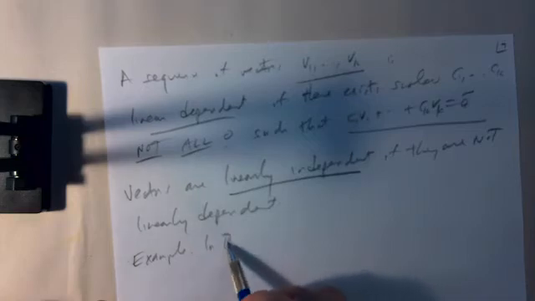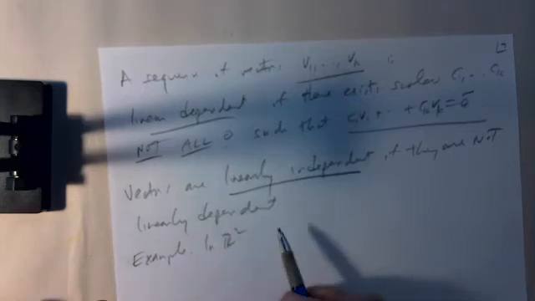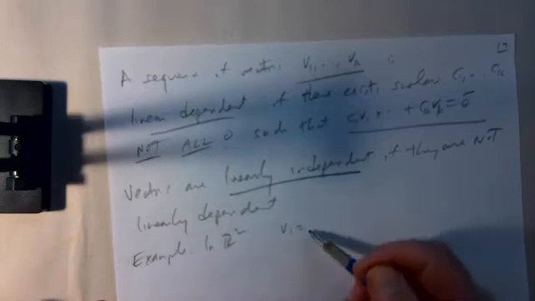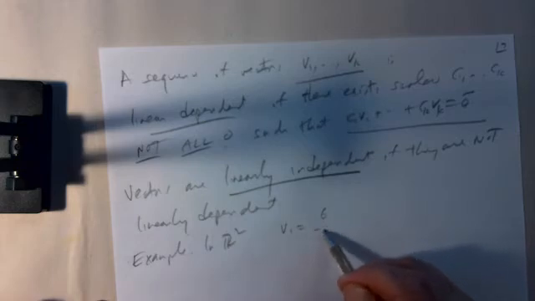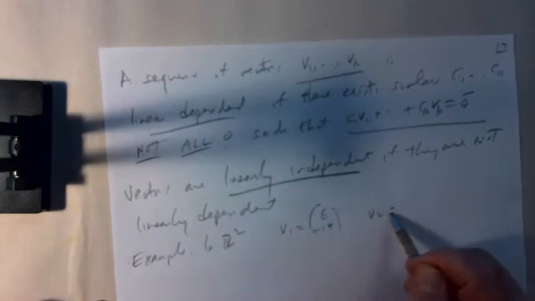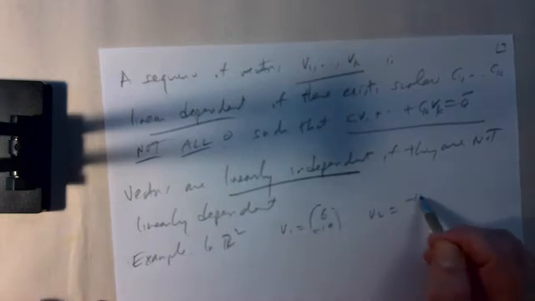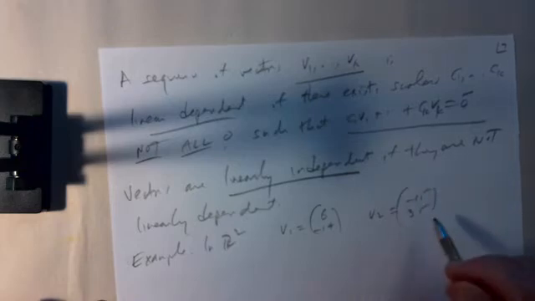So for example, let's say we're in R2, just two-dimensional vectors. Suppose V1 is (6, -14), and V2 is (-15, 35).